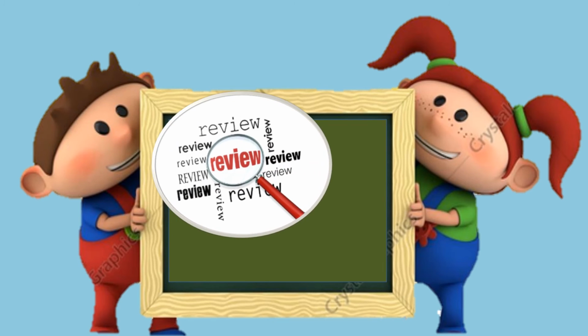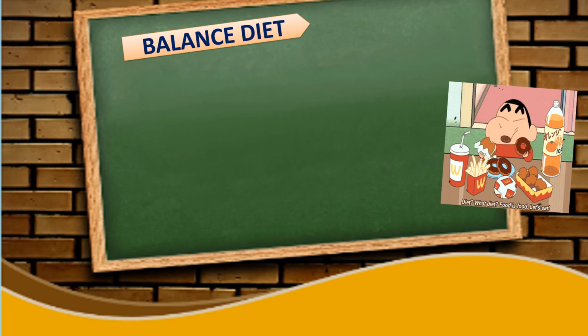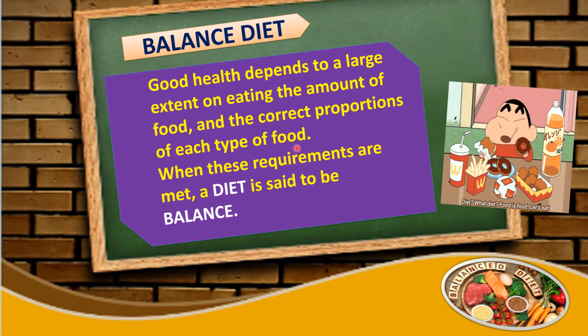Okay, let's have a review now. A balanced diet is very important because our good health depends to a large extent on eating the right amount of food and the correct proportions of each type of food.